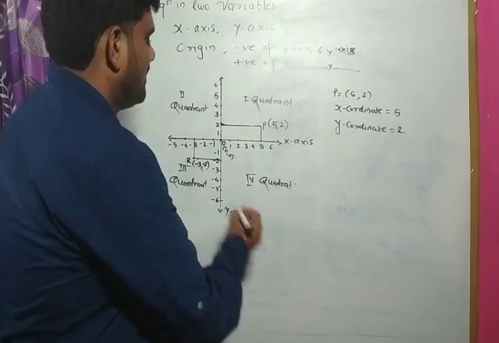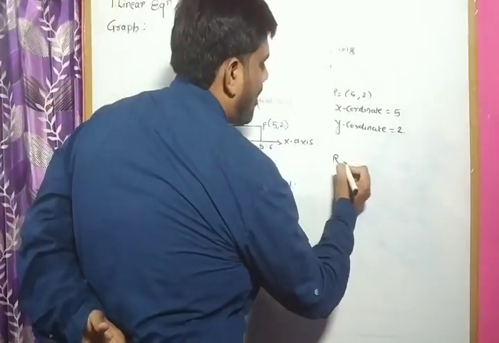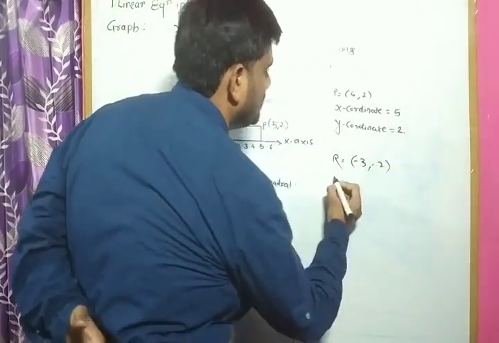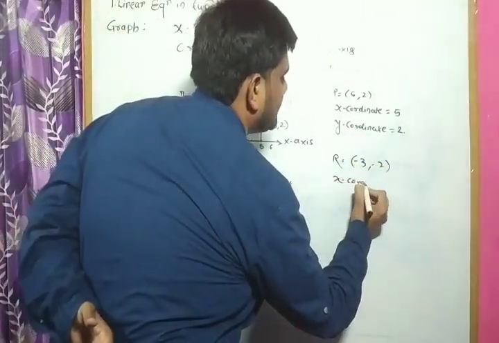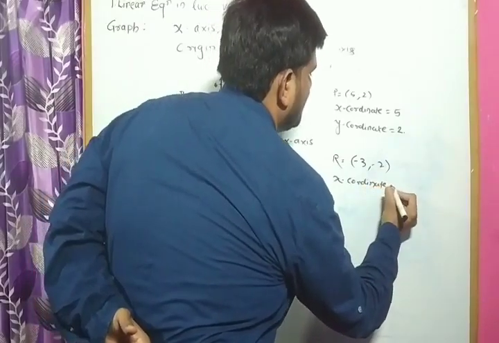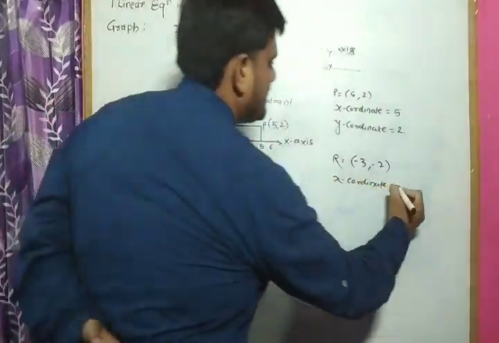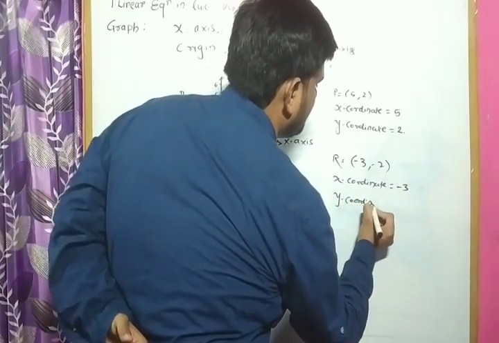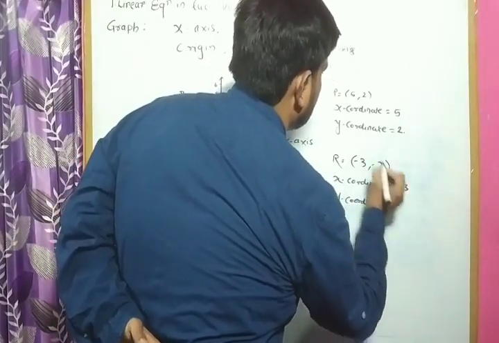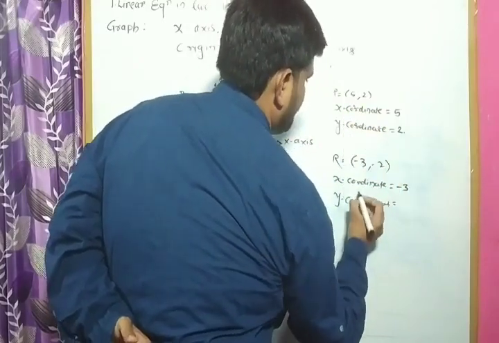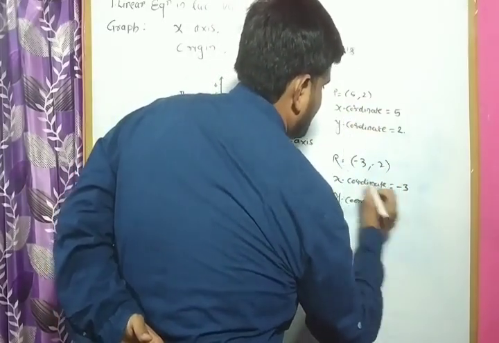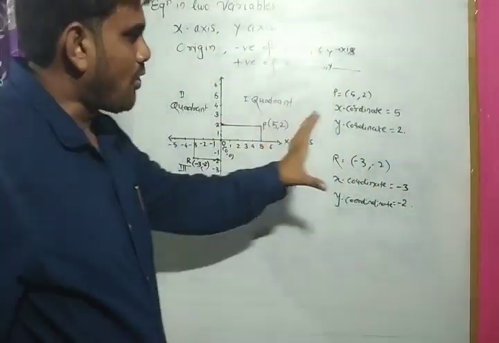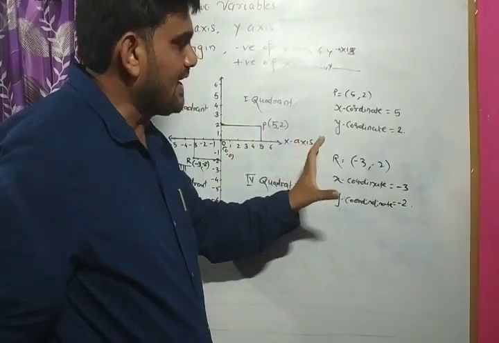Okay friends, for the point R, -3, -2, the x coordinate is equal to -3 and the y coordinate is equal to -2.